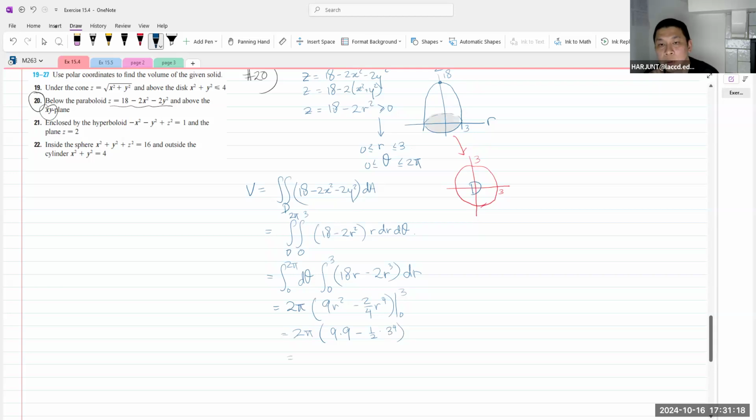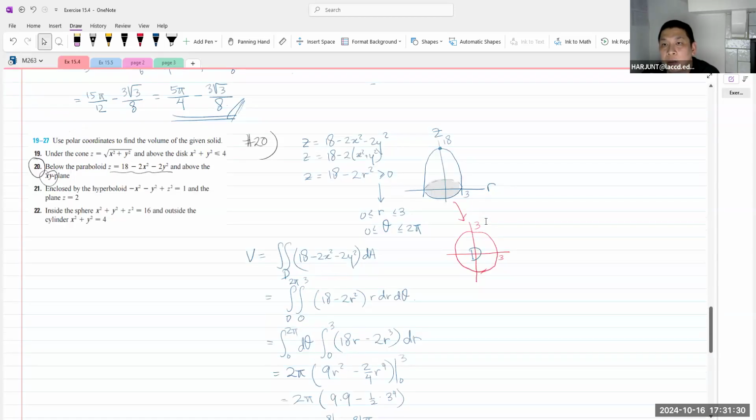So 2 pi times 81 over 2, that's 81 pi. So the volume of this solid here, whose base is a circle, but you have a dome, is 81 pi.